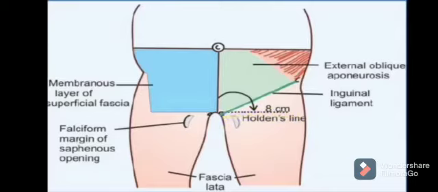Holden's line is an imaginary line about 8 cm lateral to the pubic tubercle, and along this line you can see the union of the superficial fascia of the abdomen with the thigh. And because of this line, if there is extravasation of urine from the urethra, it won't go down the thigh because of Holden's line.